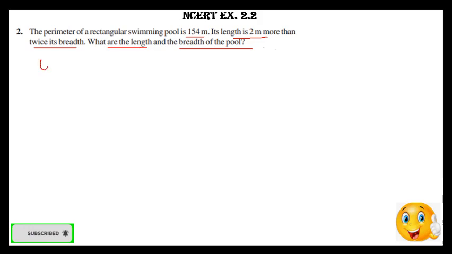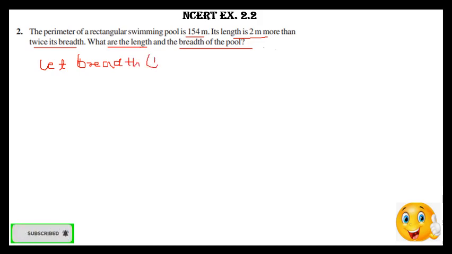So in the solution you can write let breadth is equal to x meter.